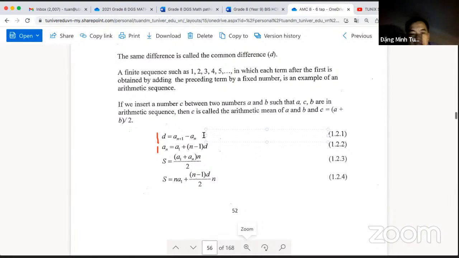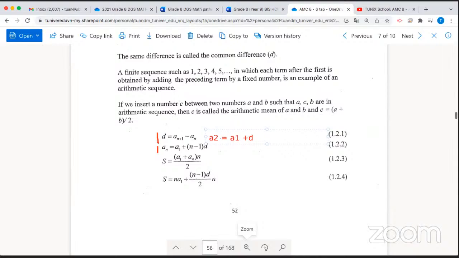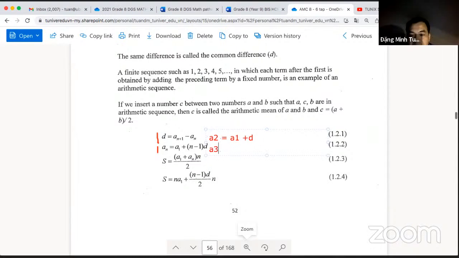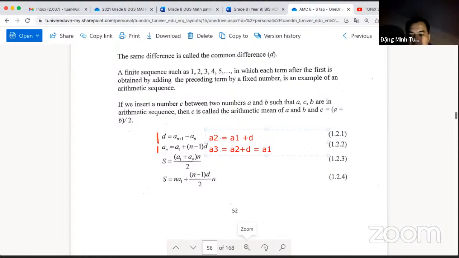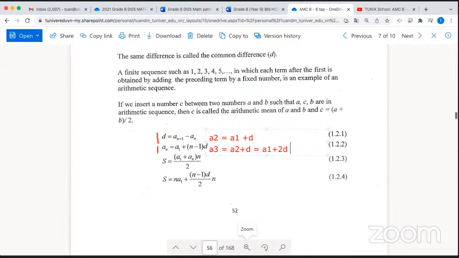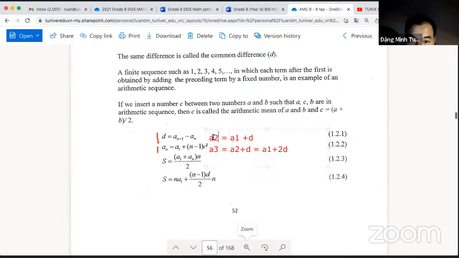Look at this one: A2 equals A1 plus D, right? And A3 equals A2 plus D, right? So now you can substitute A2 equals A1 plus D, which gives A3 equals A1 plus 2D. Similarly, A2 equals A1 plus D and A3 equals A1 plus 2D.